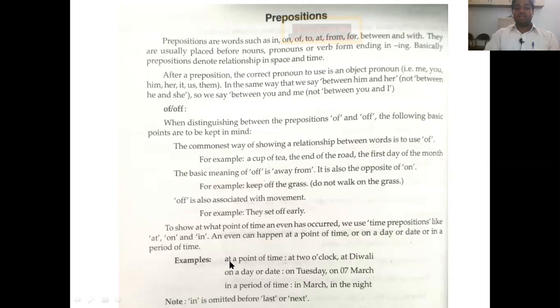For example, at a point of time: at 2 o'clock, at Diwali. On a day or date: on Tuesday, on 7th March. In a period of time: in March, in the night.